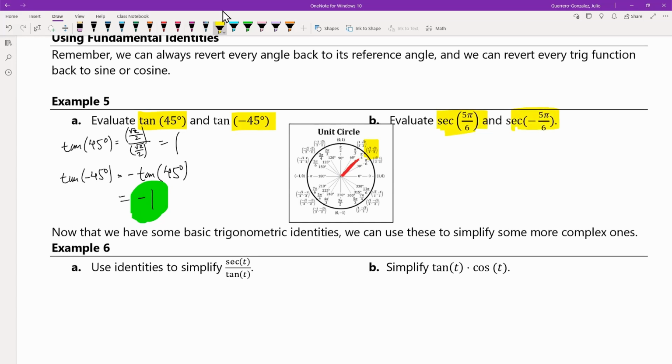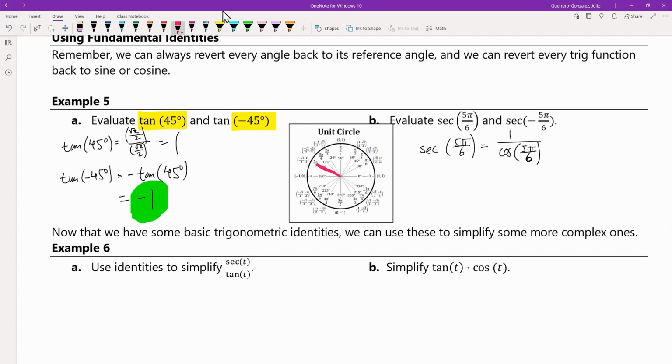Secant of 5 pi over 6 and secant of negative 5 pi over 6. So we know that secant of 5 pi over 6, secant is 1 over cosine. So this is going to be 1 over cosine of 5 pi over 6. In this case, 5 pi over 6 is this angle right here.